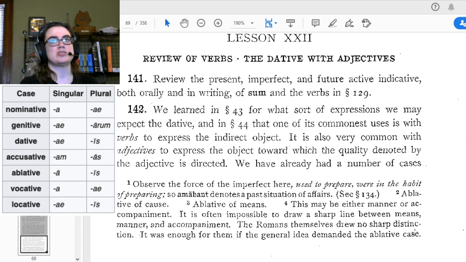We learned what sort of expressions we may expect the dative, and one of its commonest uses is with verbs to express the indirect object. It is also very common with adjectives to express the object towards which the quality denoted by the adjective is directed. I should have just read that. Clear as mud.